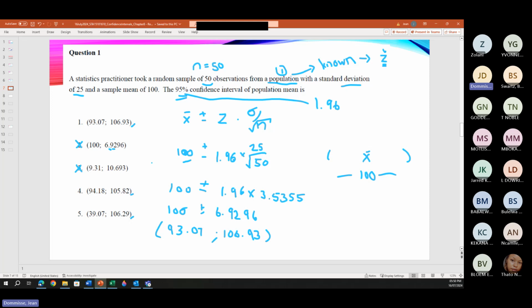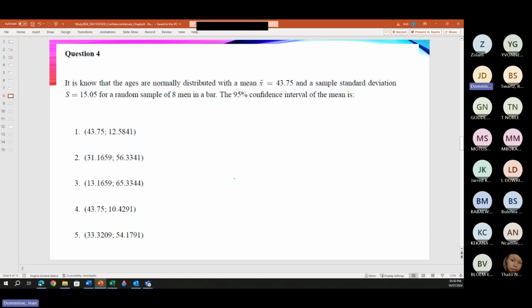Okay, so let's look at the next question. Okay, so they tell us it is known that the ages are normally distributed with a mean of that. We've got the mean. And the sample standard deviation.